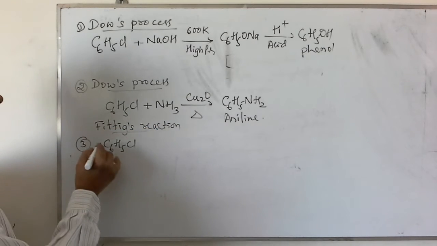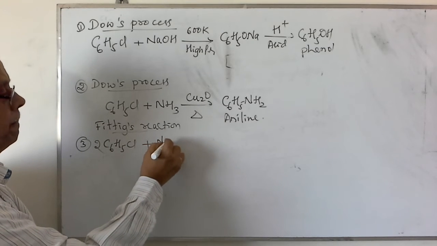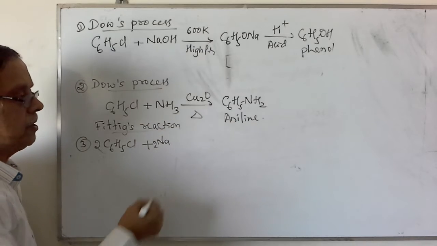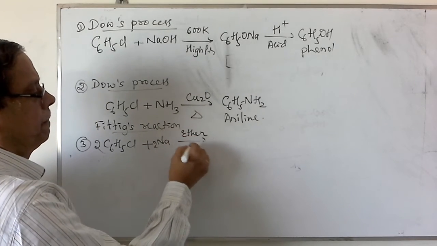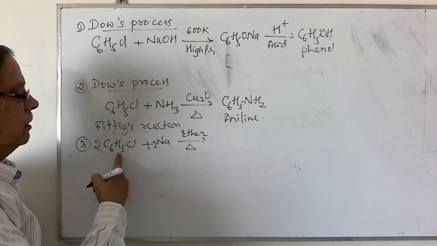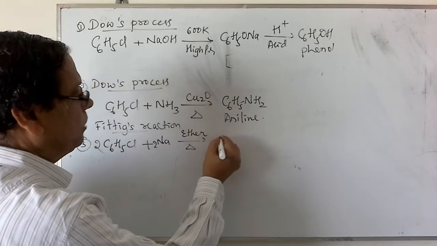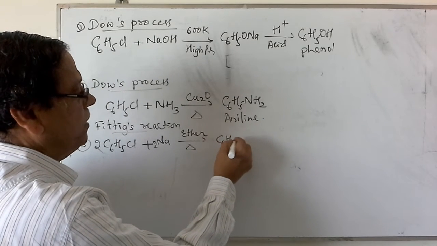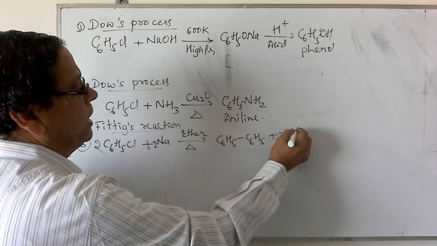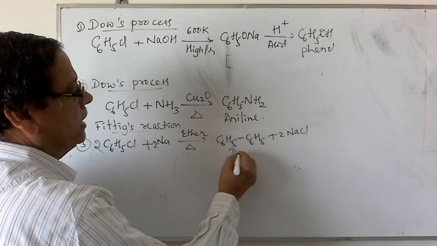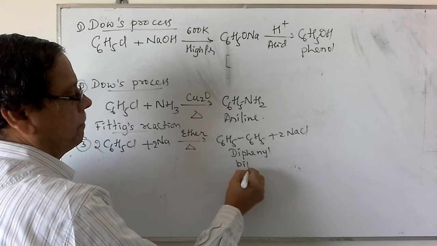When you take two molecules of C6H5Cl and react with sodium, 2 molar amounts in dry ether, and heat, then it will give rise to C6H5-C6H5 along with the formation of 2 NaCl. This is actually called as the diphenyl or biphenyl.